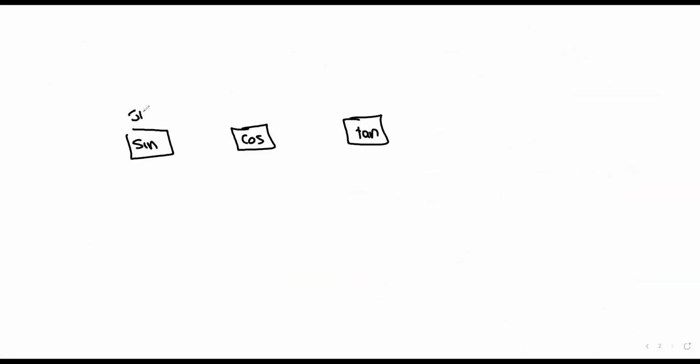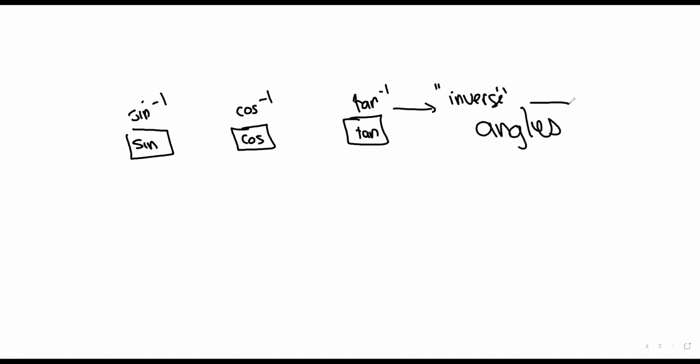And on top of them, you have sine inverse, or sine -1, cosine -1, tan -1. This is what we call the inverse form. The inverse form is the form that we use to calculate angles.